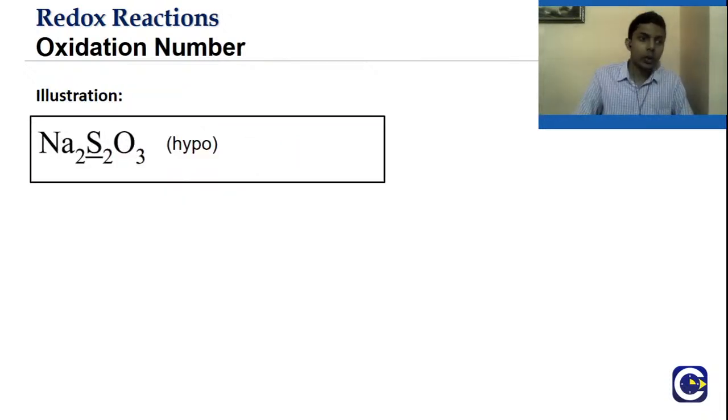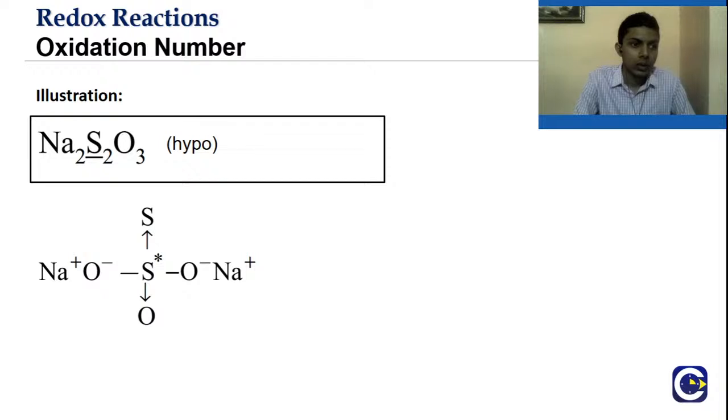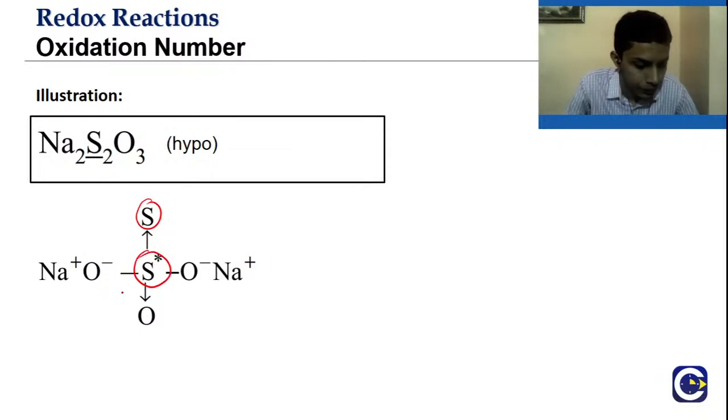Okay. Na2S2O3. The structure is like this. Try to find out the oxidation number of this sulfur as well as this. Yes, quickly tell me the answer.